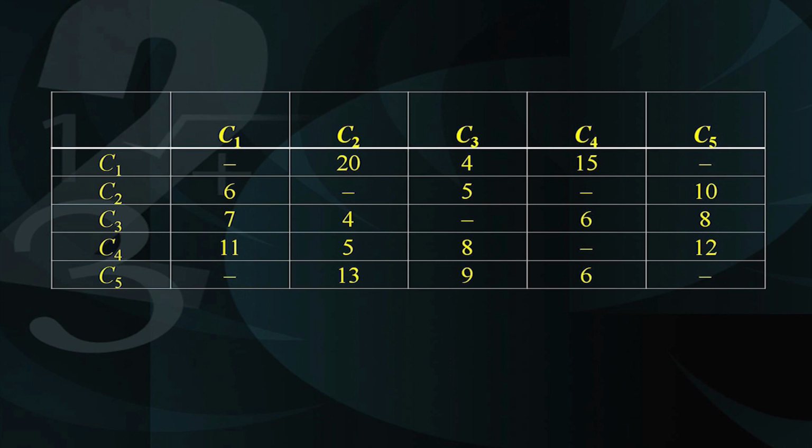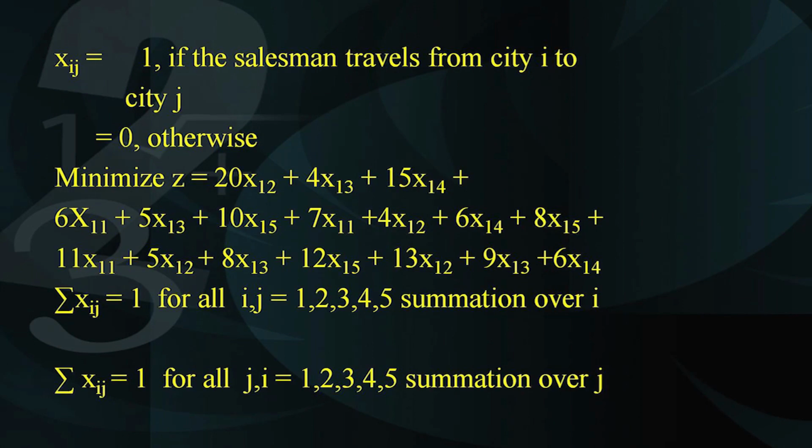Suppose you are travelling from one city to another city, the cost of travelling from the first city to the second need not be the same as the cost of travelling from C2 to C1. So, that is the reason why it is not necessary that Cij is equal to Cji. Now, looking at this cost matrix, we need to design the problem in such a way that the cost is minimum.